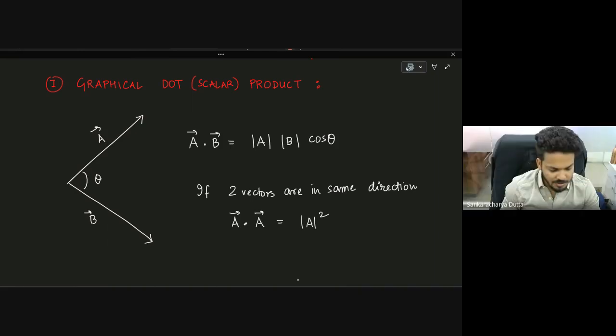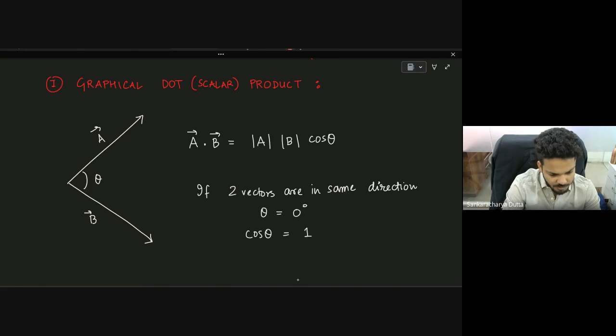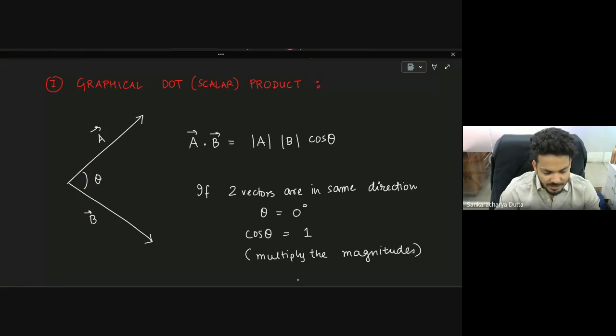Because A vector and A vector are both in the same direction, so cos 0. If two vectors are in the same direction, then theta will be 0 and cos theta will be 1. You'll just multiply the magnitudes. If the two vectors are in the same direction, theta between them will be 0.